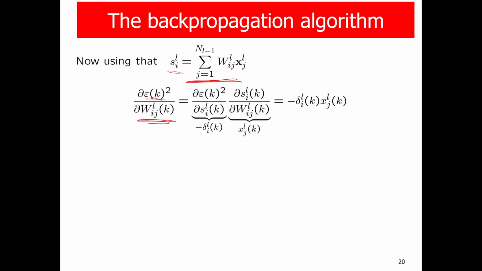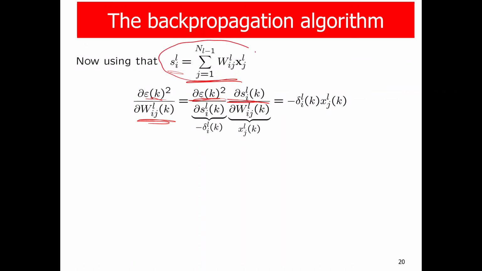According to the chain rule, the derivative of epsilon squared with respect to W L i j is just the derivative of the squared error with respect to S L i multiplied with the derivative of S L i with respect to the weights W L i j.